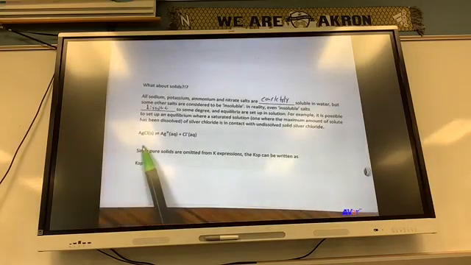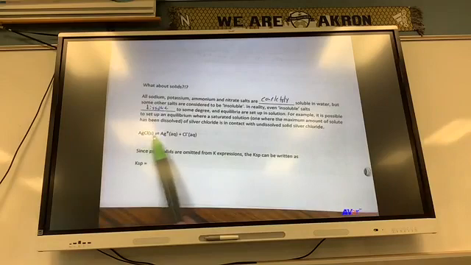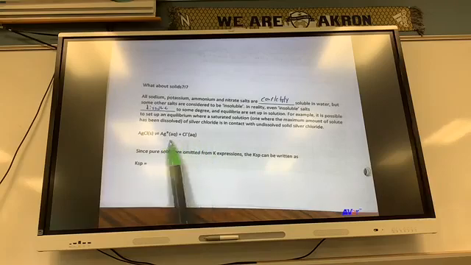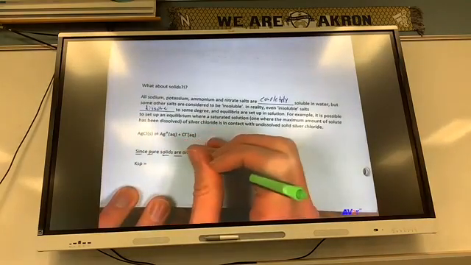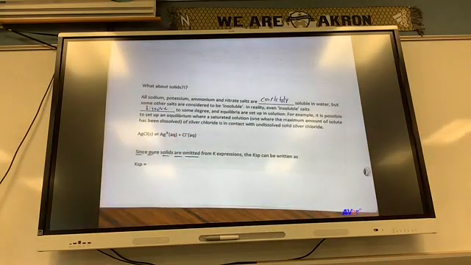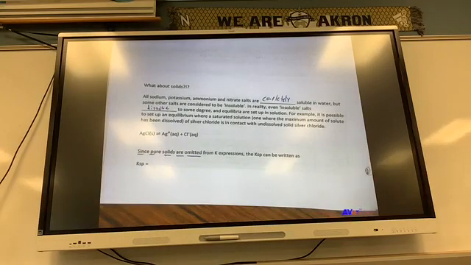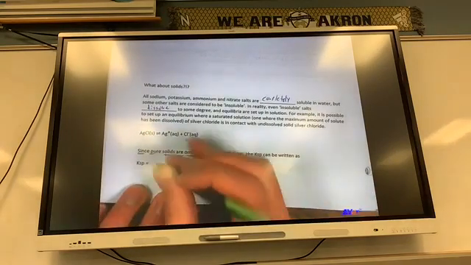So, check this out. Here's my solid silver chloride in equilibrium with its ions. Since pure solids are omitted from the K expressions, the Ksp is to be written how? I can't do it over nothing. It'd be over 1.